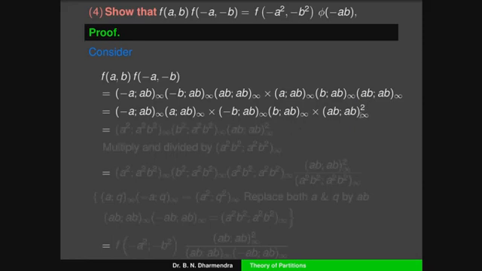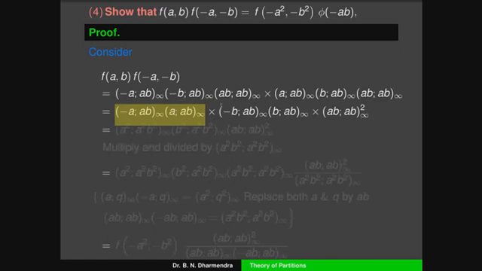Or it can be rewritten as the terms of this product. The first two products can be written in terms of a square b square infinity, because negative and positive terms are there, that is a minus b and a plus b, giving a square b square infinity.